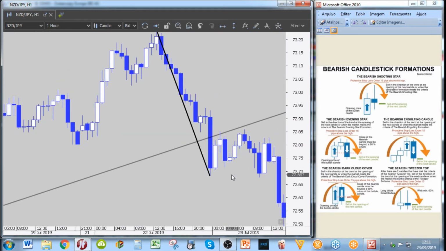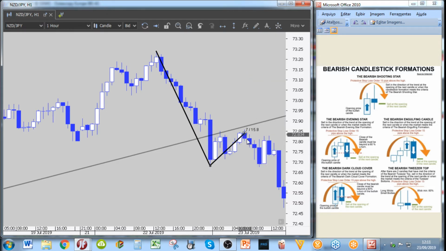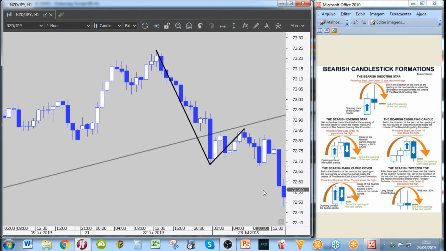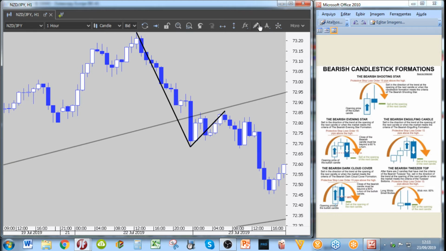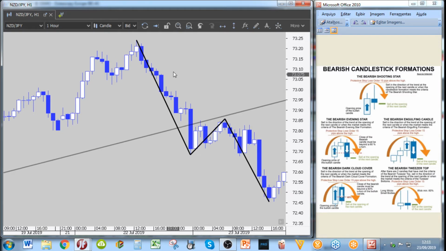Then what else do we have here? We have the first low to high, and we have the next high to low. Okay, so finally we have a confirmed downtrend. Do we agree on this, everybody? We have a confirmed downtrend.